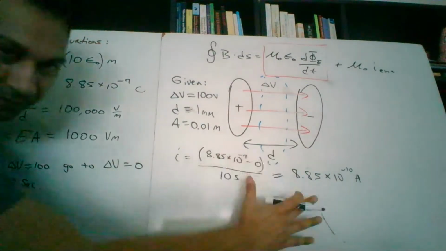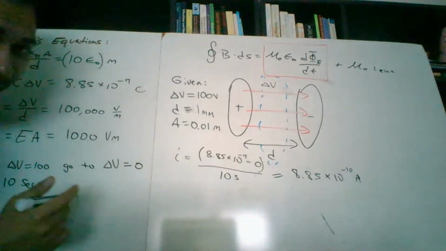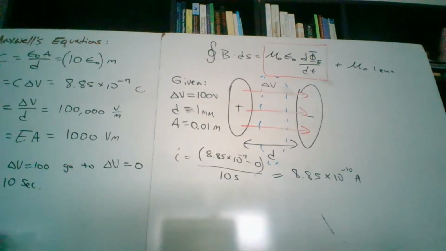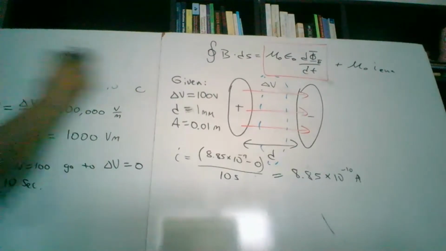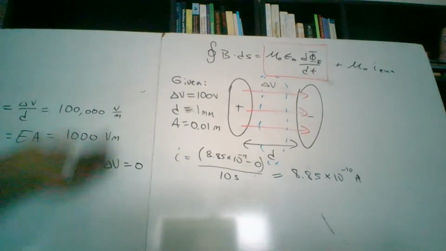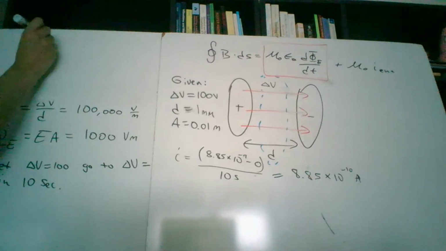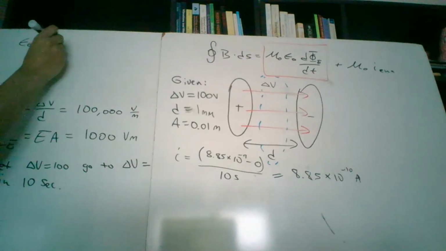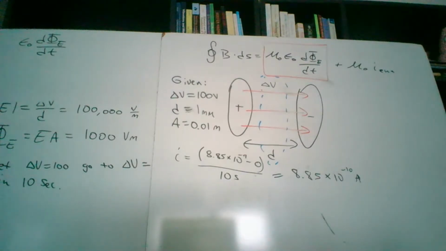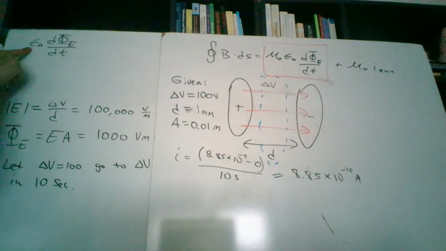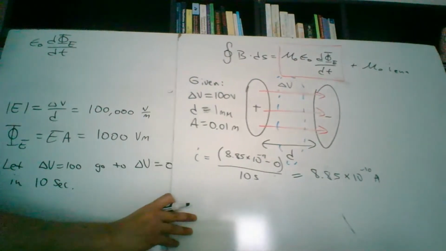Why am I talking about this current right here? Let me show you something really interesting. If I take epsilon naught and multiply it by the change in the electric flux divided by time, let's see what I get.